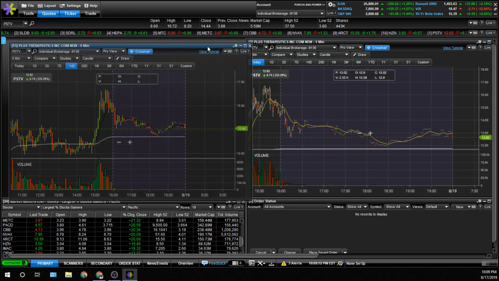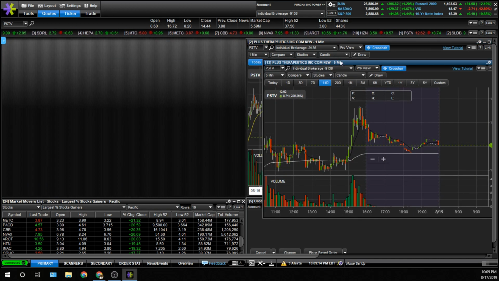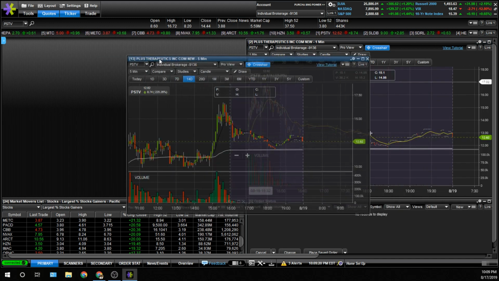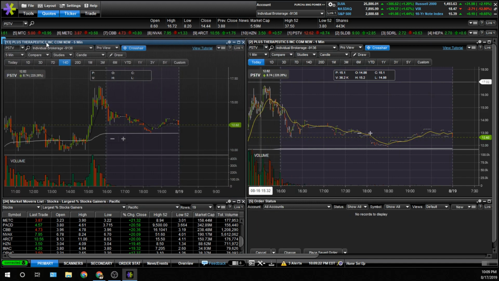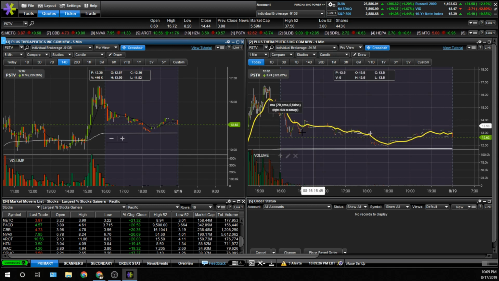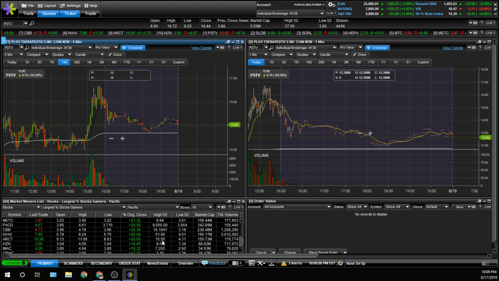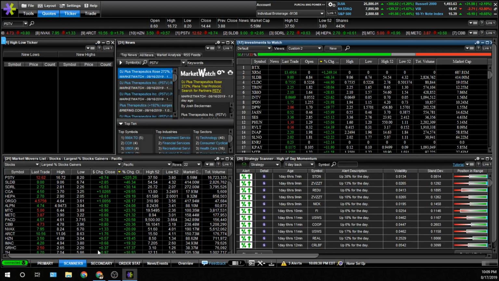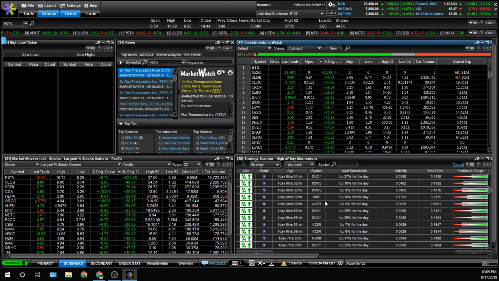You'll start off with a blank screen like this, and you'll go to tools. That tool section will probably be located in a different area, and you're just going to keep adding different things into your screen, and before you know it, you have a couple of charts, you have a scanner. These are also scanners. This scanner here shows me every stock that's going up more than 5% when the market is open.